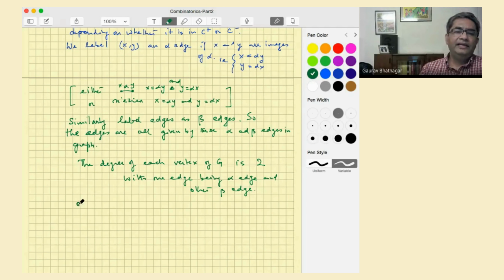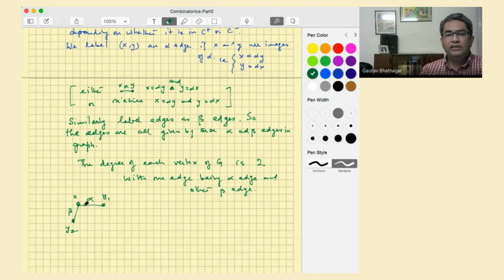So any x that we have, whether it's in C plus or C minus, whatever is its image under alpha is this one, and then there could be another one which is beta. That's it.